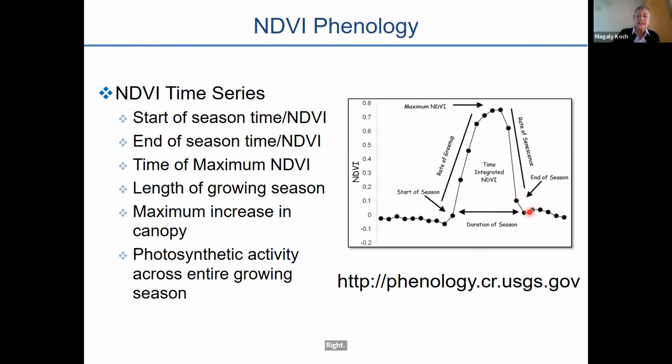And so by measuring NDVI from space, we can actually detect and say, when does a field show that it's covered by crop, when is it being harvested, and so on, right? So all this information can be obtained from these NDVI time series, also called time series of photosynthetic activity for the entire growing season.